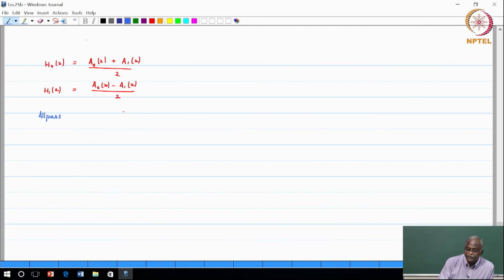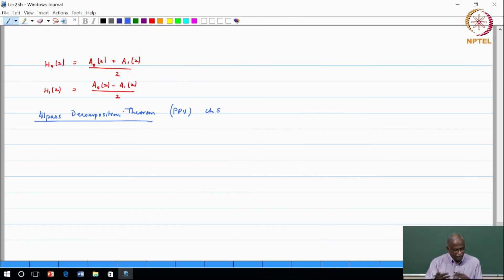When can we achieve these conditions? When can we write two transfer functions that are power complementary and will satisfy this all pass decomposition theorem? This is a result that has been derived in the book by P. P. Vaidyanathan, chapter 5. I will use the result without proof, but there is enough justification for what we are actually going to implement.